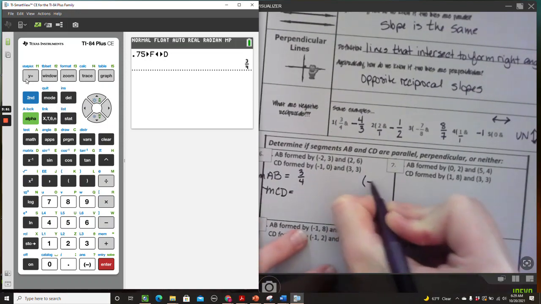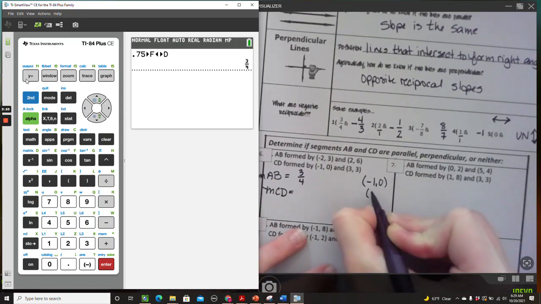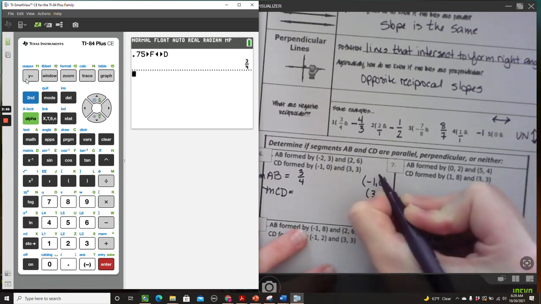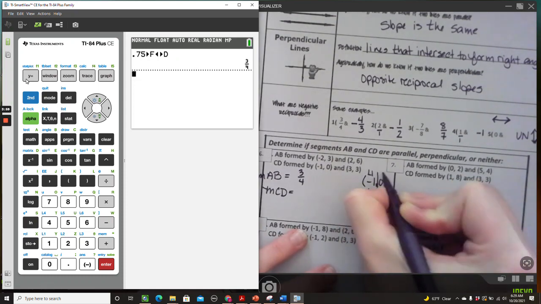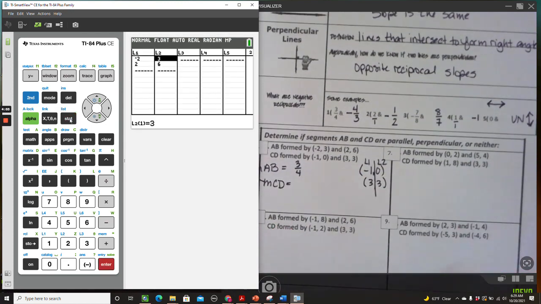So if you need to, with these points, stack them up to do linear regression. Draw a line down the commas, L1, L2, if that helps you. Sorry, it froze. All right, so my x's are negative 1 and 3.